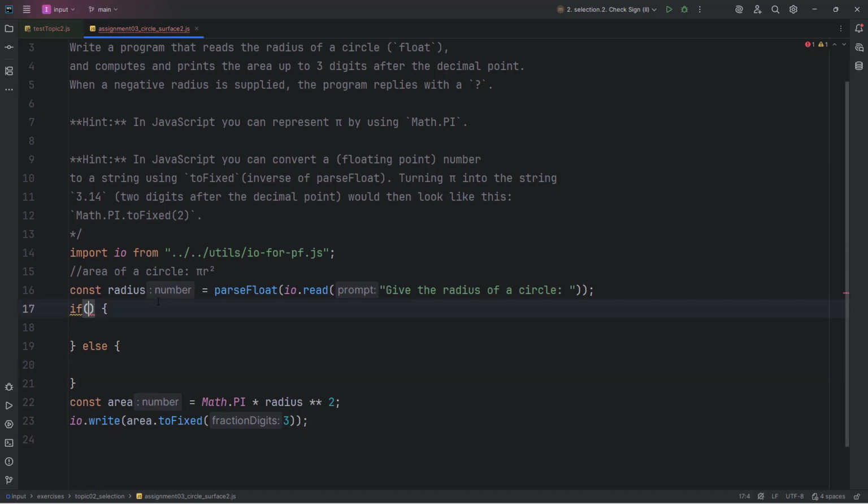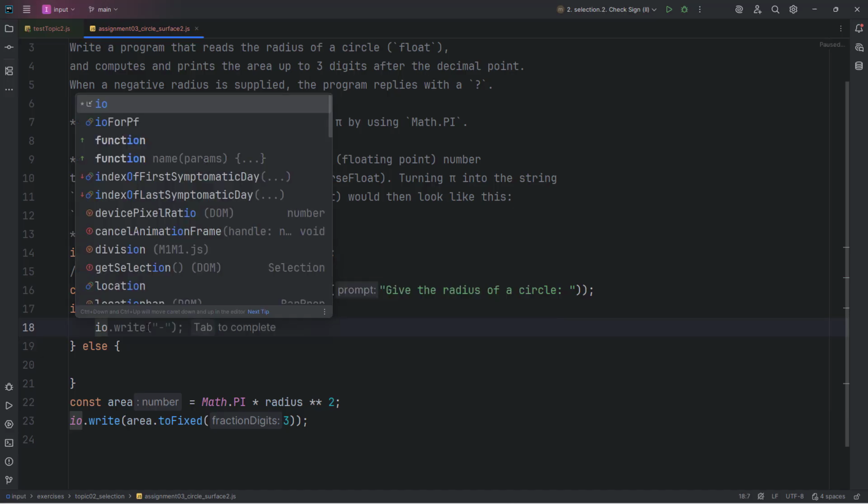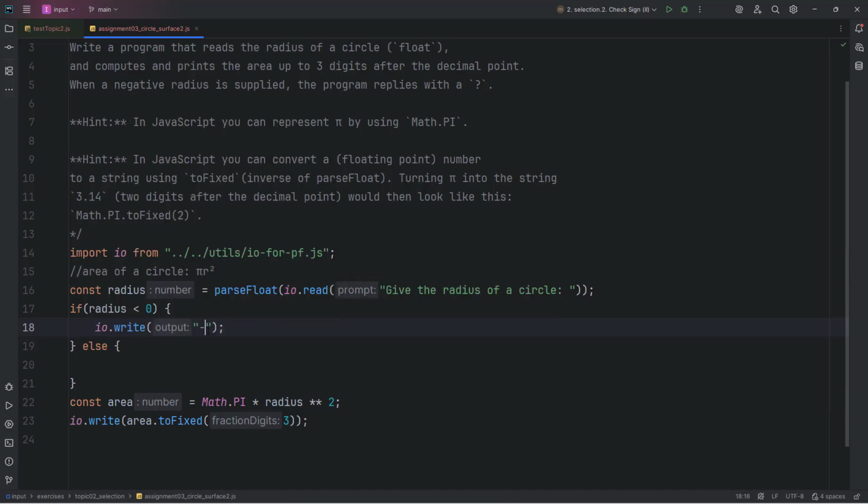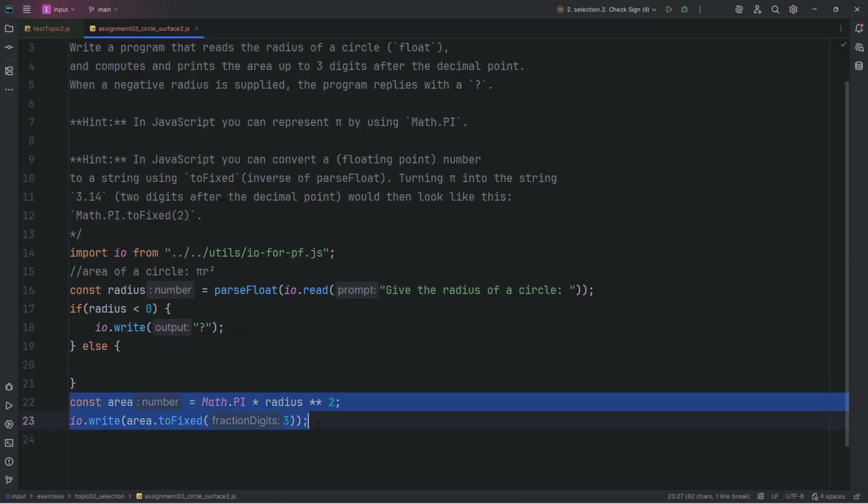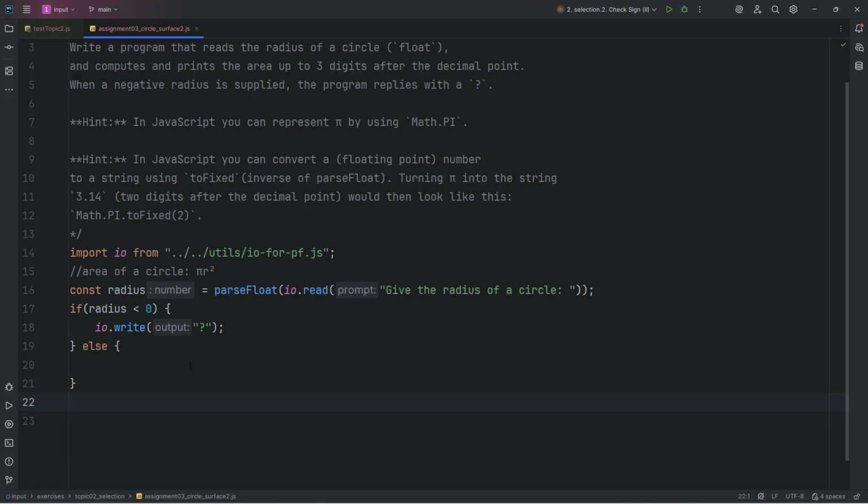If my radius is negative, I have to handle this in another way. I have to write a question mark. Right? And in the else case, well, that means that my radius is either 0 or positive. I can just do whatever I used to do and put this in the else.